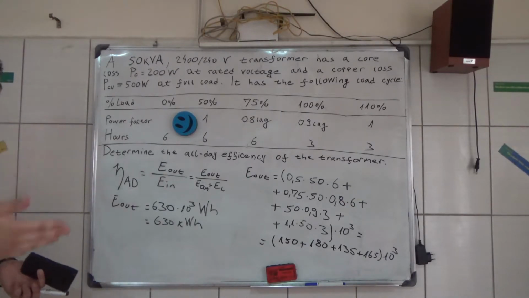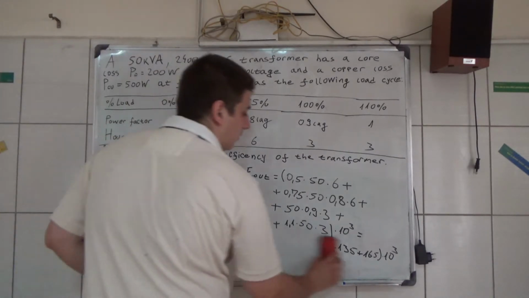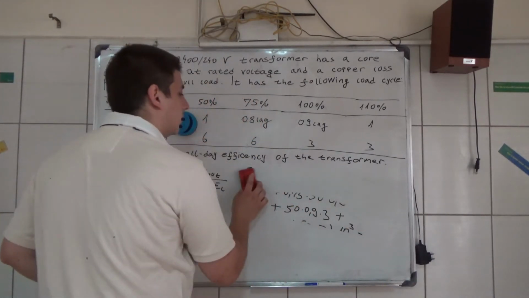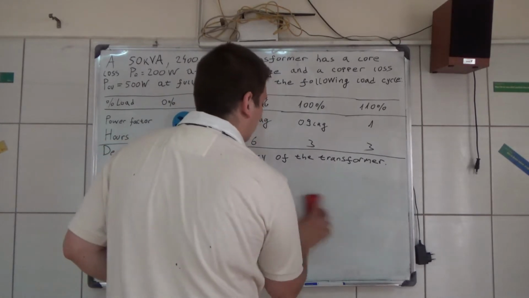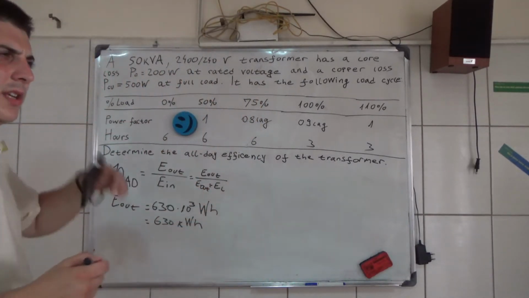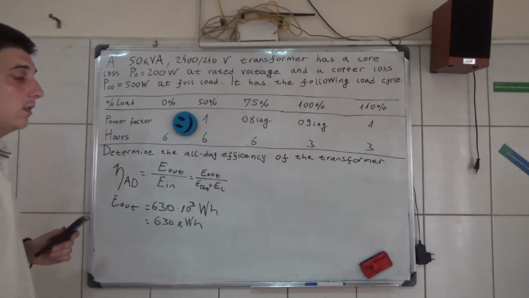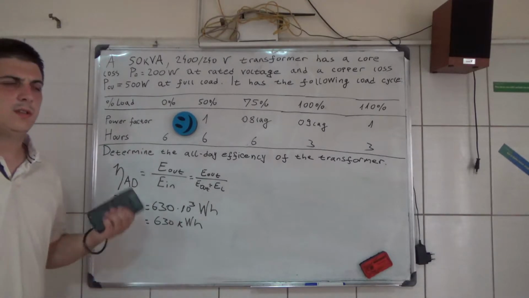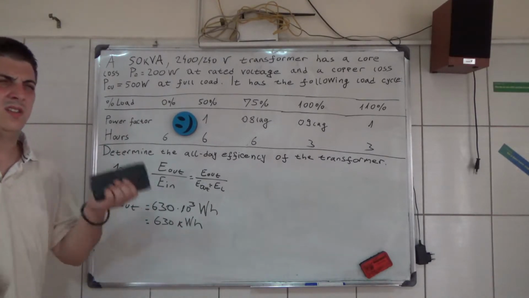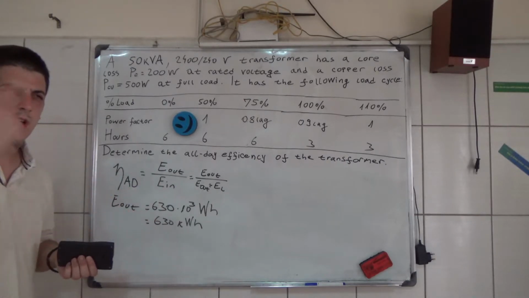Now we have to calculate the energy losses in this transformer, so we can determine the efficiency of the transformer. The energy losses in the transformer go into the core losses and the copper losses.